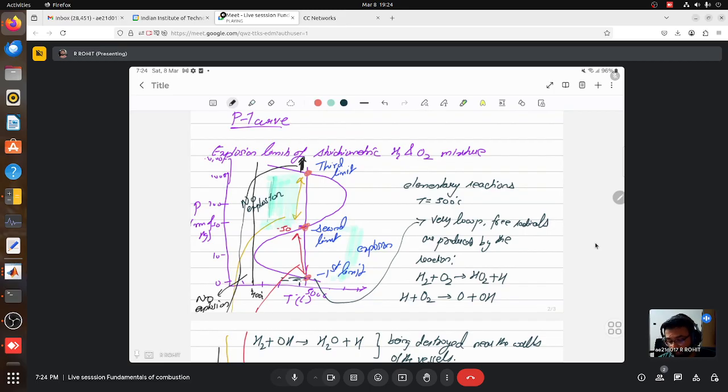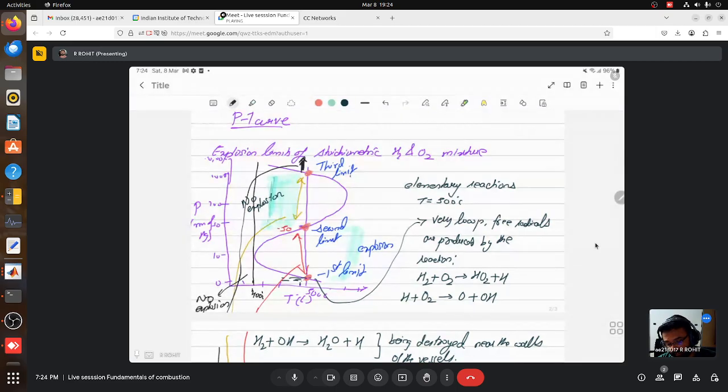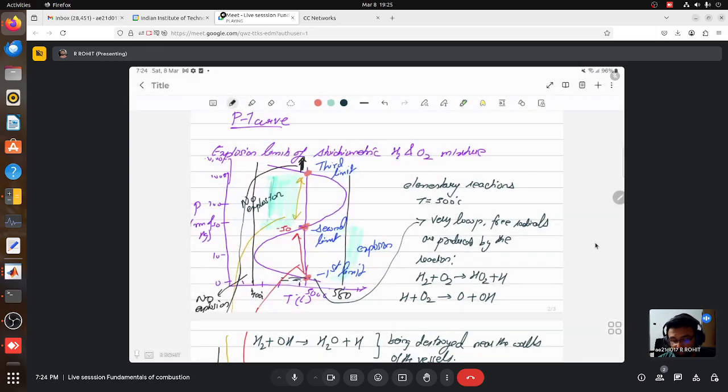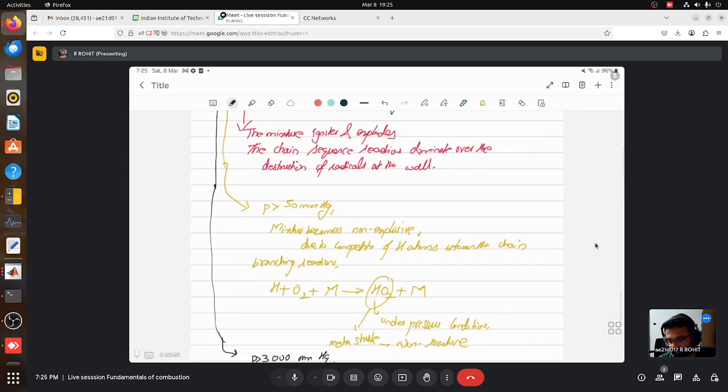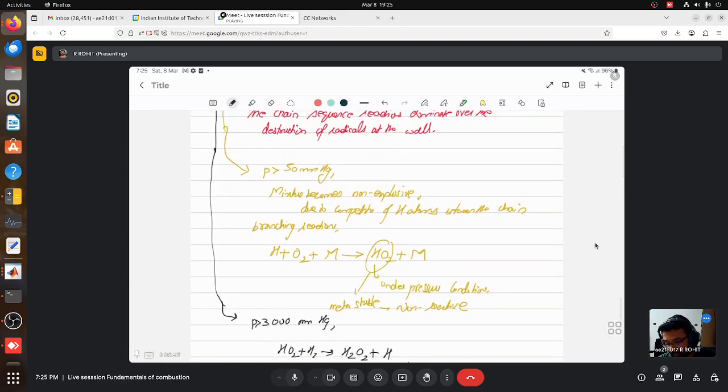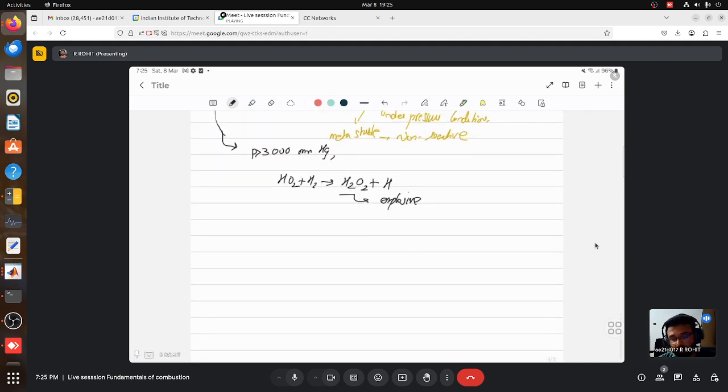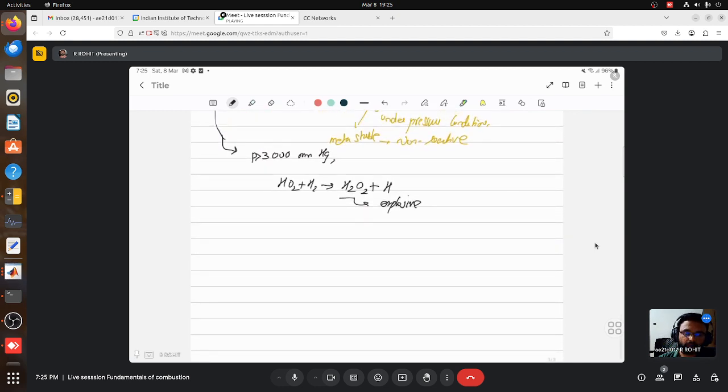For temperatures greater than about 580 degrees centigrade, the explosion occurs irrespective of the pressure. Whatever your value, the explosion will occur. So that was one of the important explosion diagrams, the pressure-temperature diagrams that you need to remember.